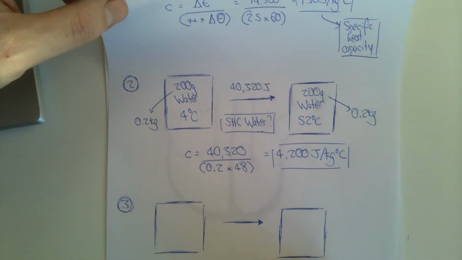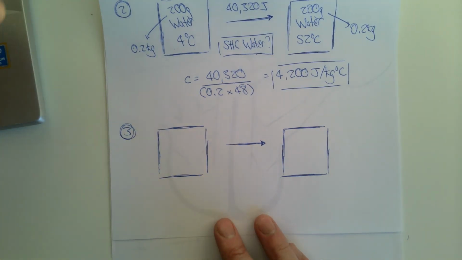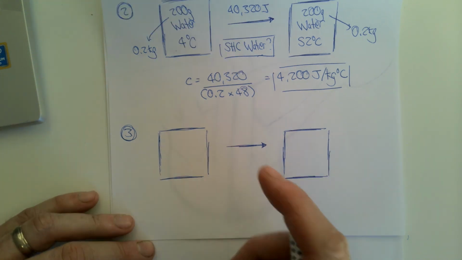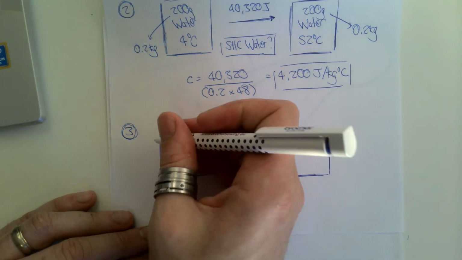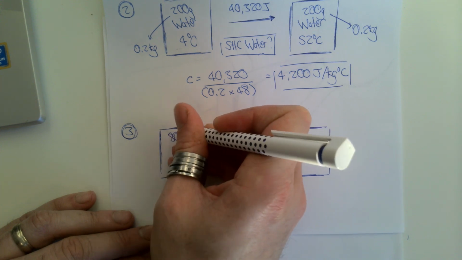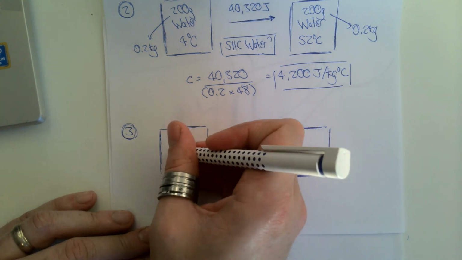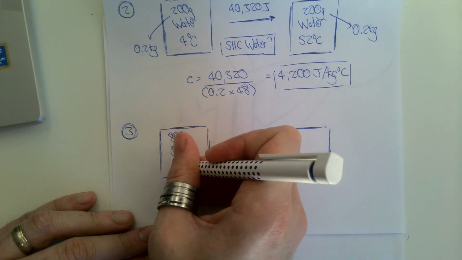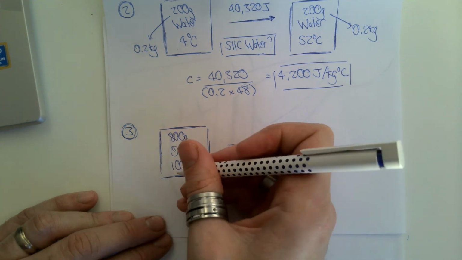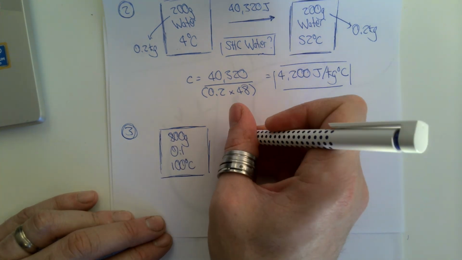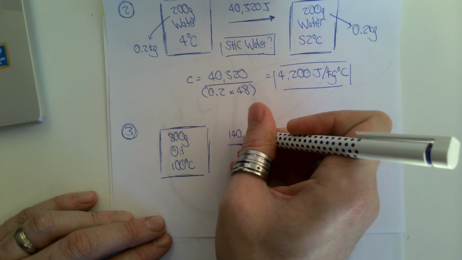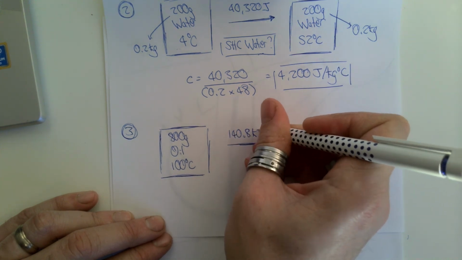Then if we look at one final example using the idea when we came across oil. So if we go with 800 grams of oil at 100 degrees Celsius, and we apply 140.8 kilojoules.